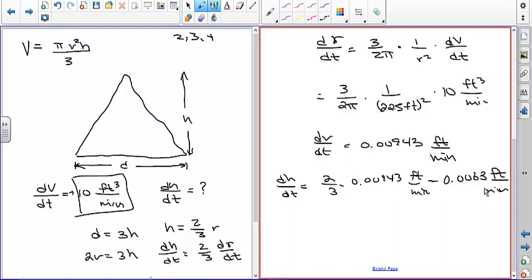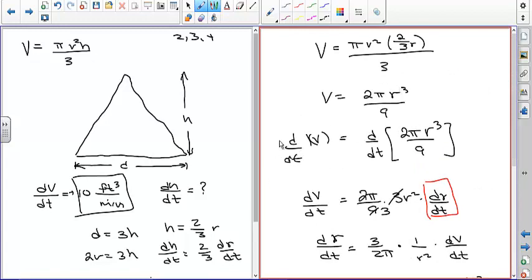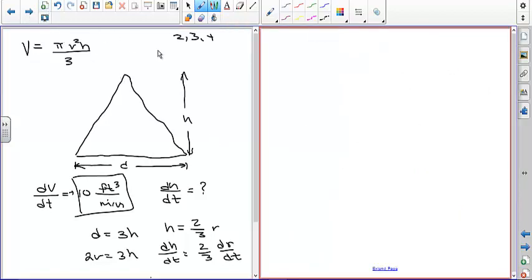Okay, now I'm going to redo it in the other variable, which was probably the easier way of doing it. You'll see that I get the same answer. I'm pretty sure that's the right answer. So let's go back. Instead of starting here, we're going to write the volume again. The volume is equal to pi r squared h divided by 3.